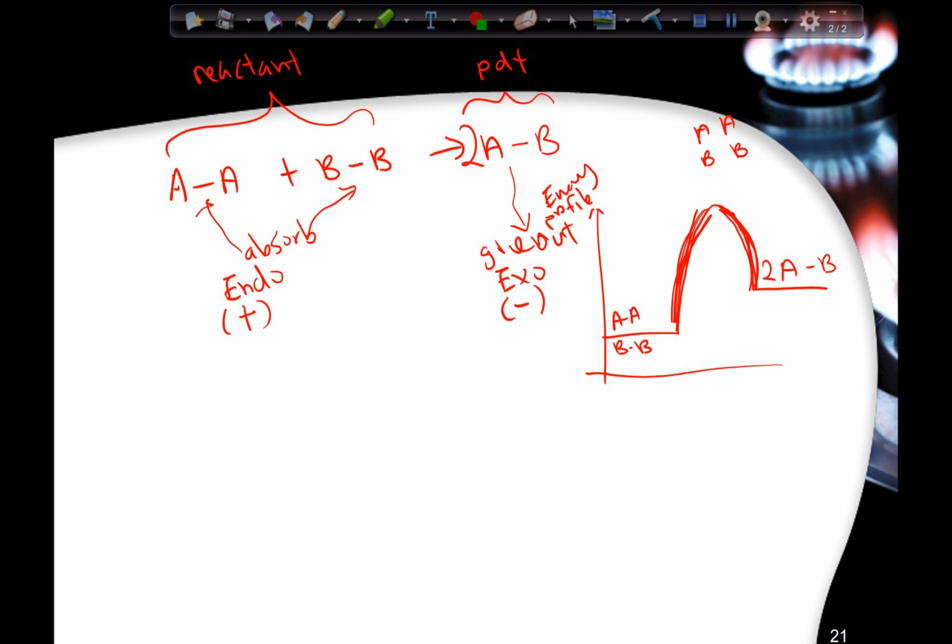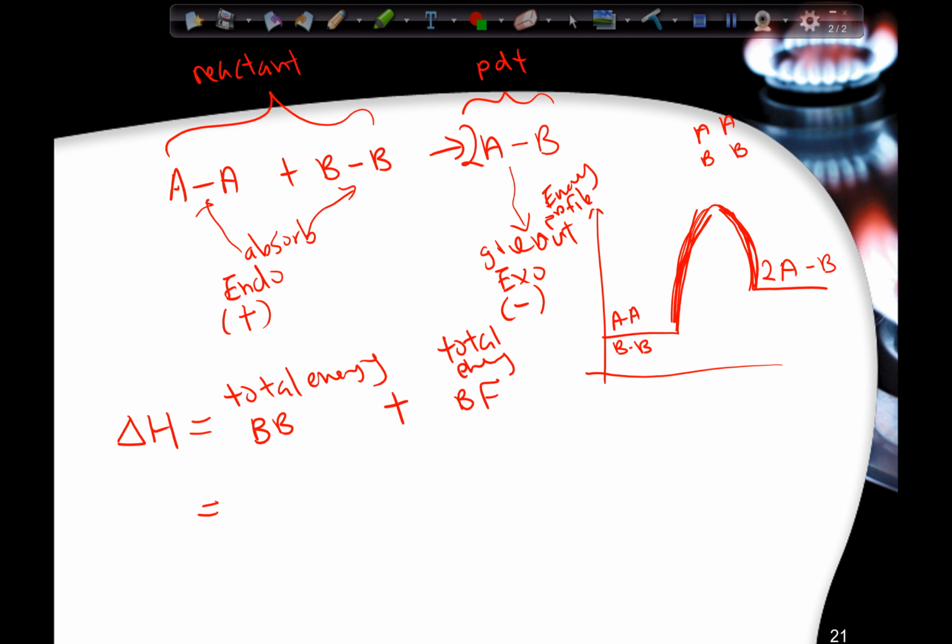In order to find the total enthalpy change from the microscopic level, I will have to take the total amount of energy needed for bond breaking plus the total energy required for bond forming.